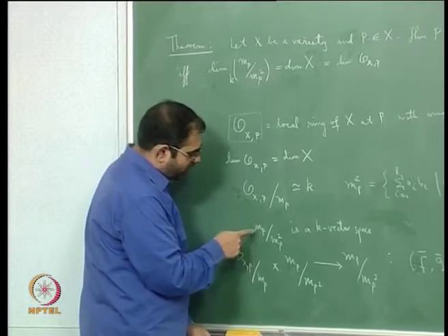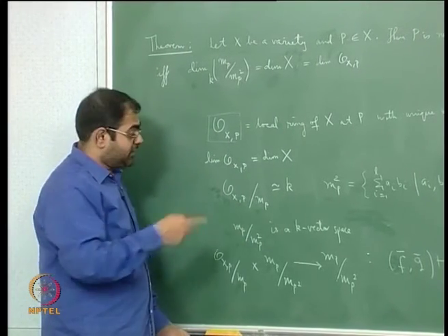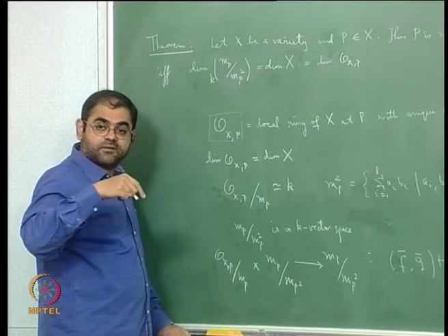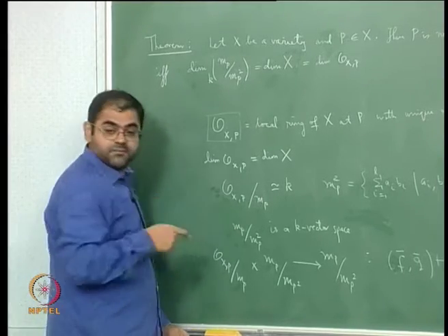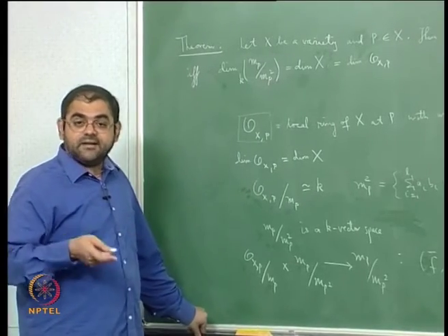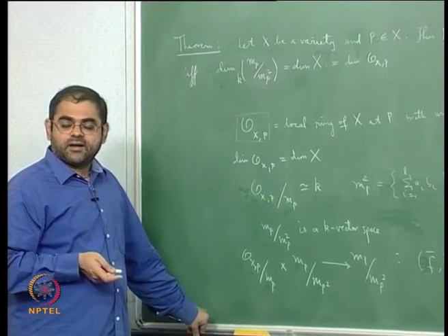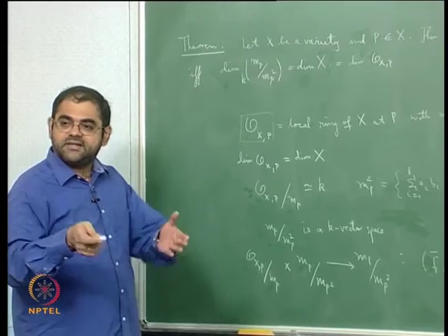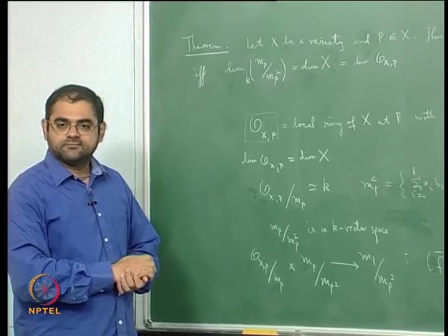And what does M mod M squared stand for? You take a germ of a regular function which vanishes at the point P, that is what a function that belongs to MP means, and reading it mod MP squared means that you take literally its derivative, because if you read mod M squared, you are only taking the linear term, you are not taking the degree 2 term onwards.